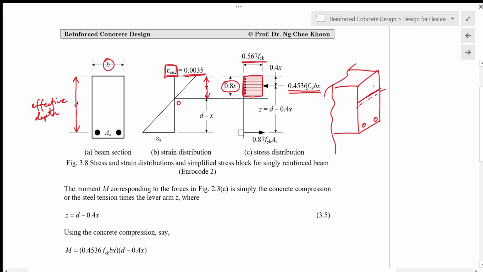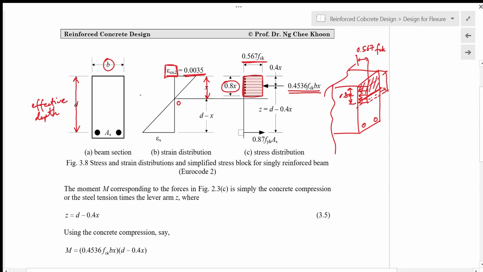The compression block depth is 0.8x here, and the stress is 0.567 fck. So this stress distribution will be distributed across the beam section like this. This stress distribution is acting across the compression zone of the concrete.